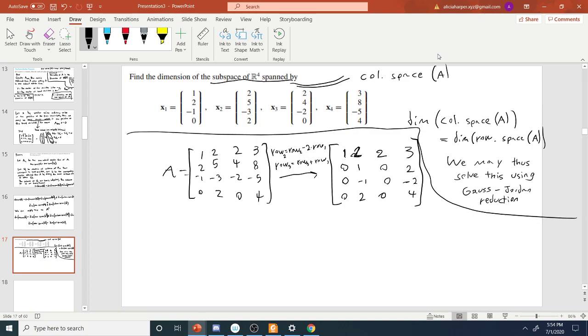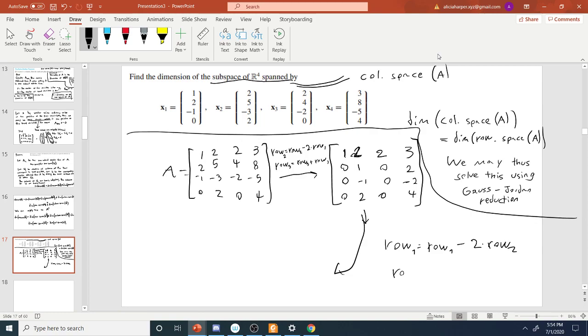And so the next thing I can do here is I can set row 1 to be equal to row 1 minus 2 times row 2.